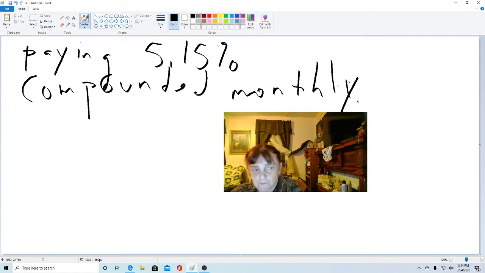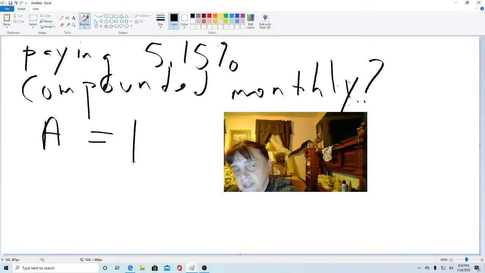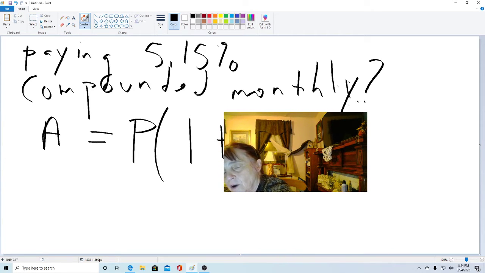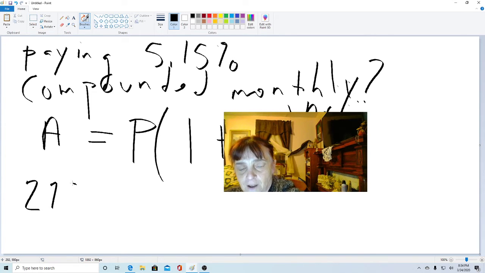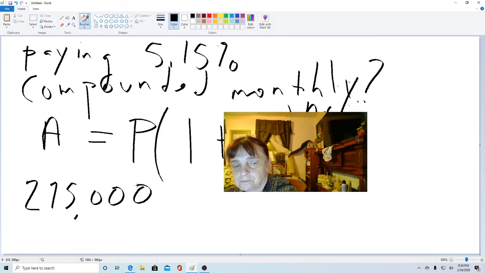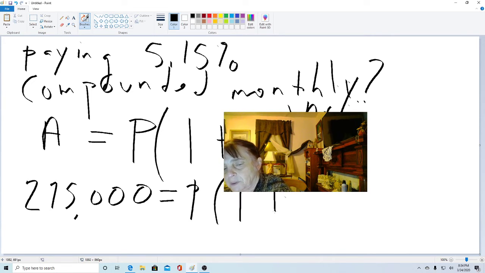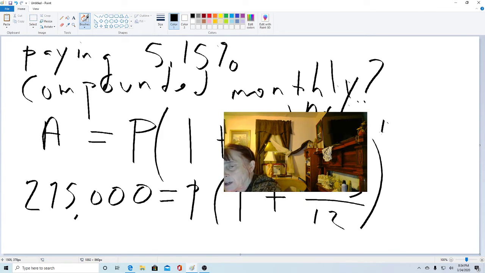Okay, so you still use that formula: A equals P times (1 plus R over N) to the NT power. The final amount, he wants to have $275,000 available. So $275,000 equals the principal times 1 plus the interest rate, 0.0515 divided by 12, raised to the power of 12 times 5.